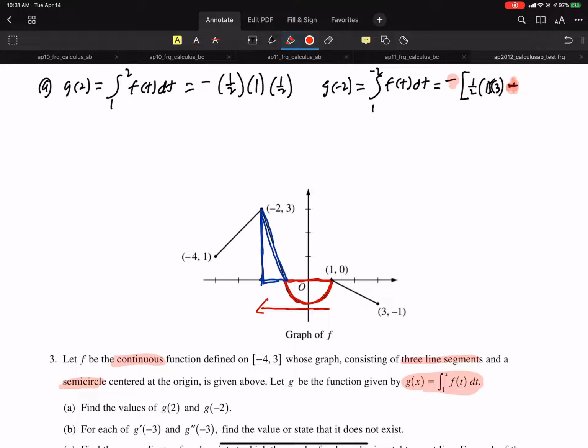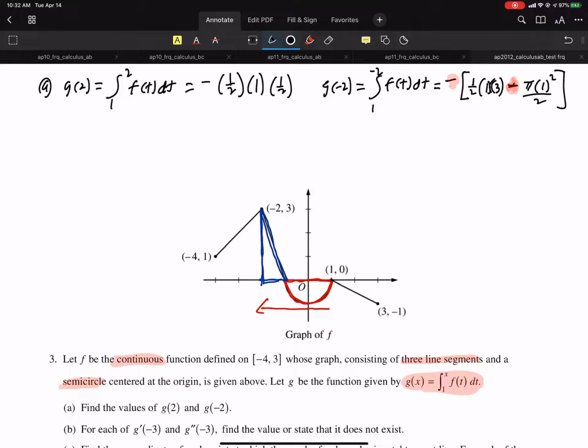So you can not put the minus in front and just do it automatically. Either way, you'll get the same answer. So what's the area of a circle or a semicircle? It's pi. The radius is 1, but it's half a circle, so you divide by 2. All right, so that is the answer to part A.